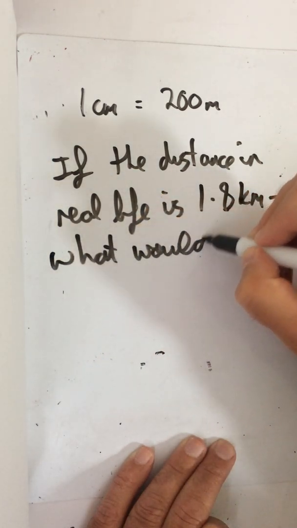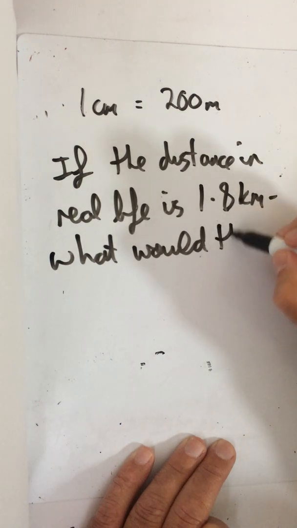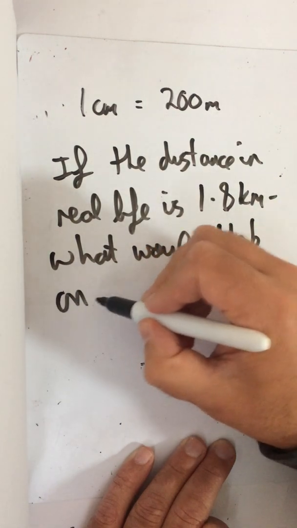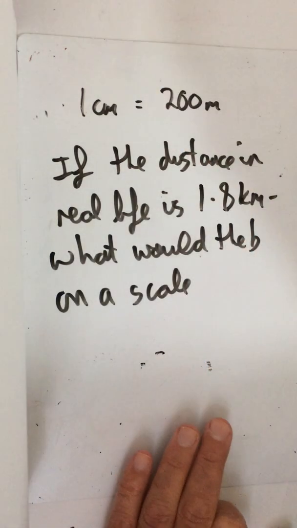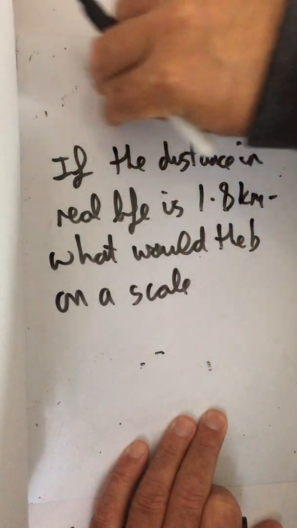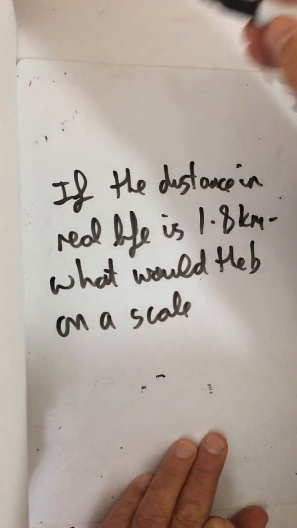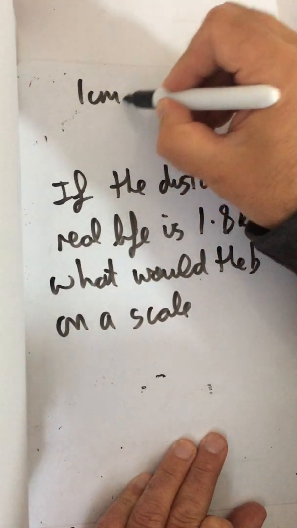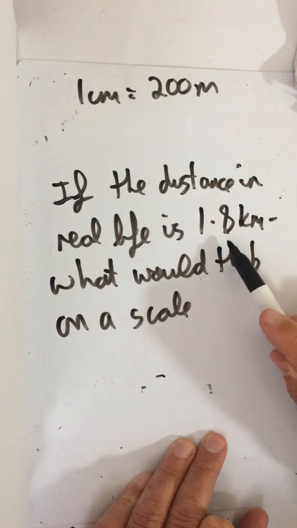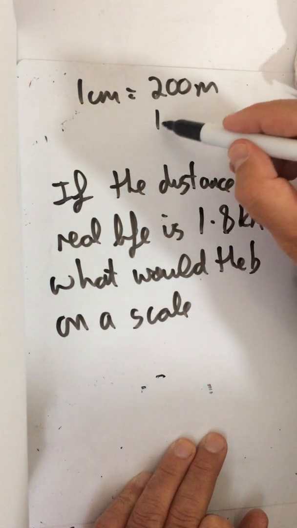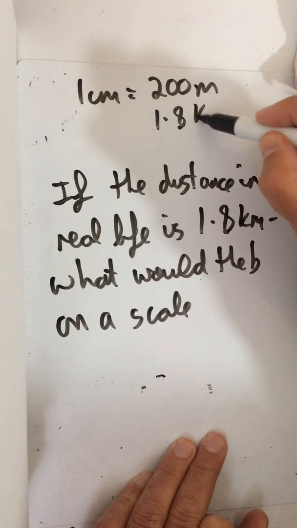So we've got our 1 centimeter equals 200 meters. I'll just put that down there. So there we are. In real life, it's 1.8 kilometers.